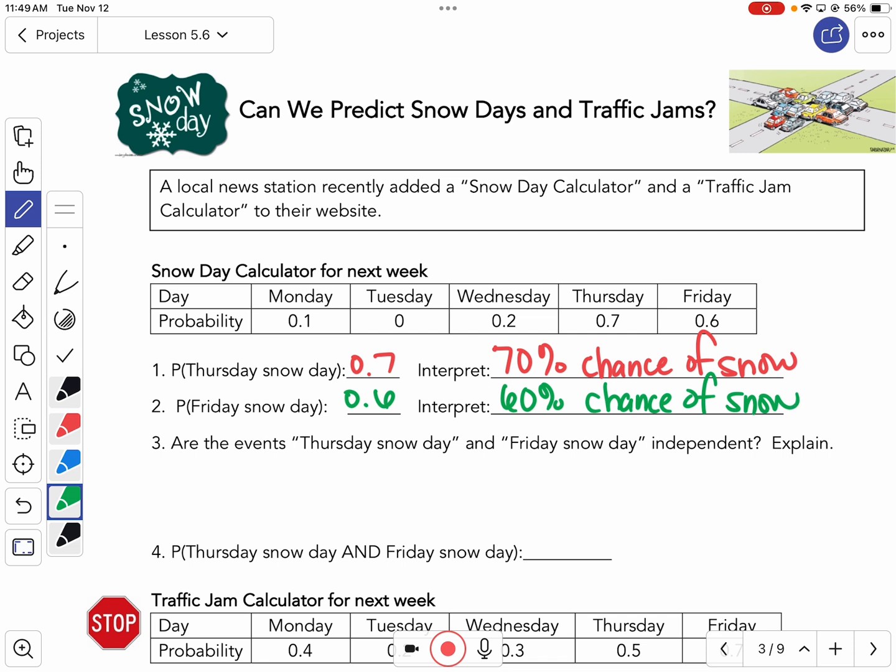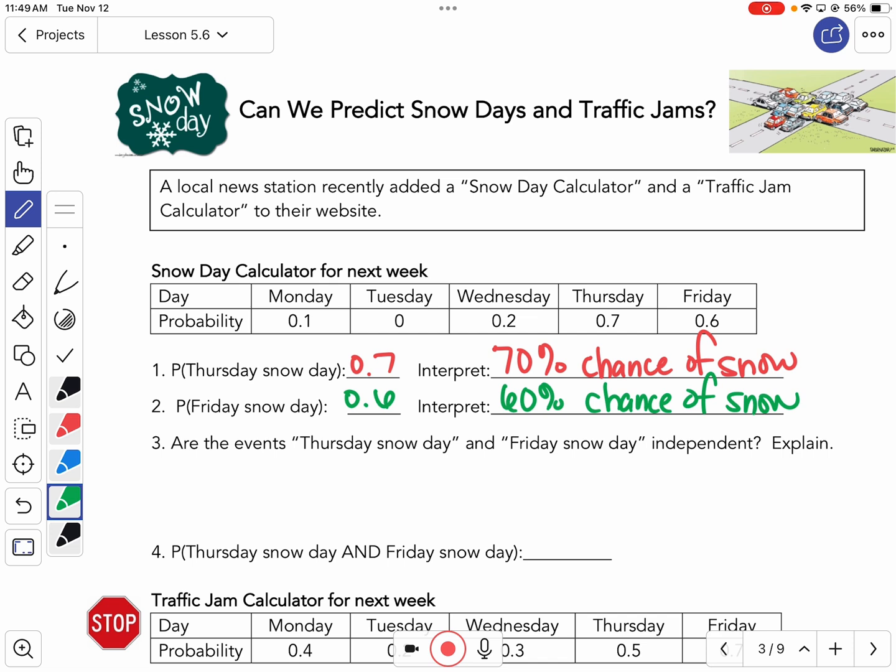Now, are the events Thursday snow day and Friday snow day independent, meaning they have no impact on each other? What do you think? I say they definitely would have an impact on each other. Because if it snows on Thursday, and I have a higher chance on Thursday and I'm out of school, then chances are better that I wouldn't go on Friday as well. But if I have no chance for snow on Thursday, then am I probably going to get a snow day on Friday?